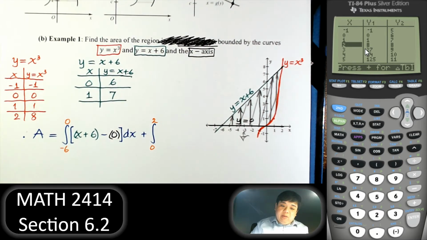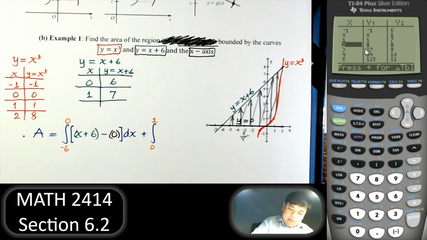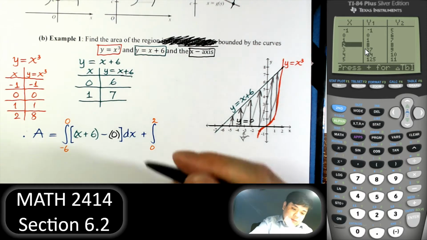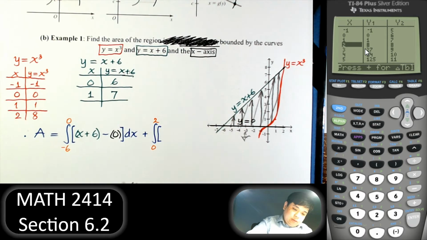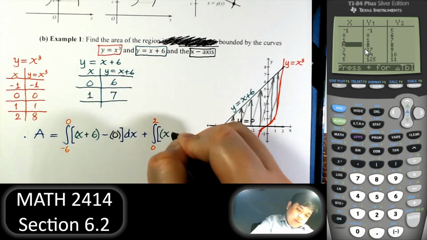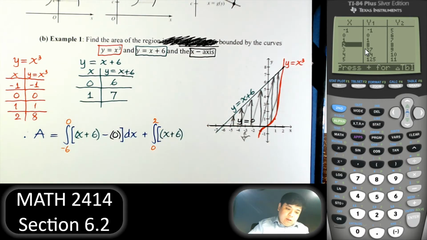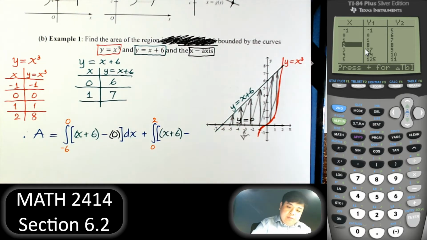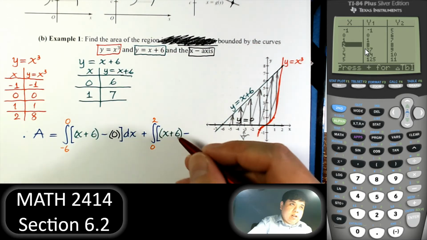The function above is still x plus 6. The function below is x cubed.